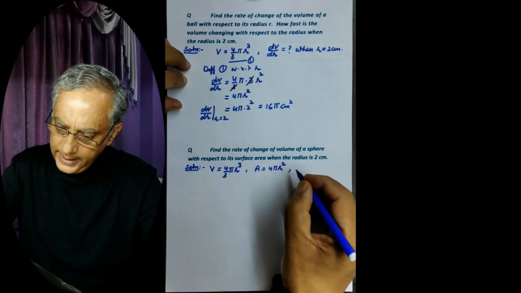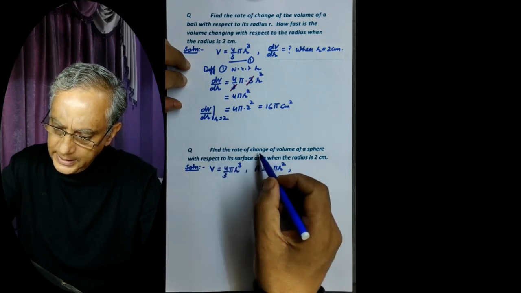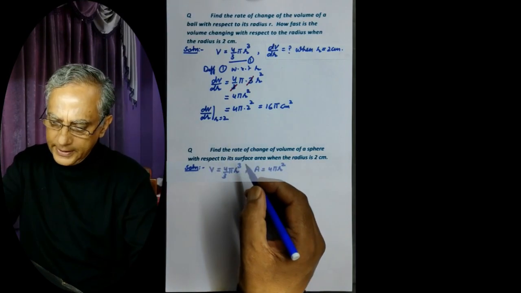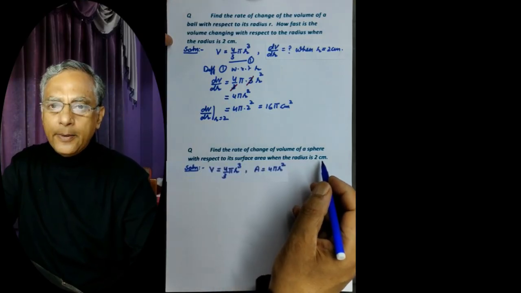We have to find the rate of change of volume of a sphere with respect to its surface area when the radius is 2 centimeters.